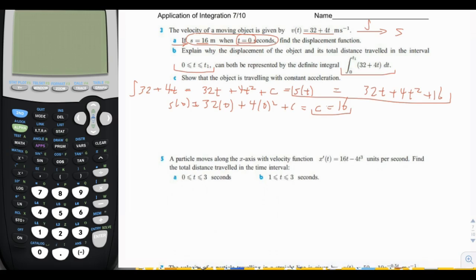Every time the object changes direction of velocity, you have to divide the region to integrate, because suddenly part of the integral is going to be below the x-axis, part of it's going to be above. You're going to have a positive section which cancels with the negative section. It's going to screw up your total distance traveled because you need to have the positive sections, the areas calculated separately from the negative areas so that you could take the absolute value of everything and add them up.